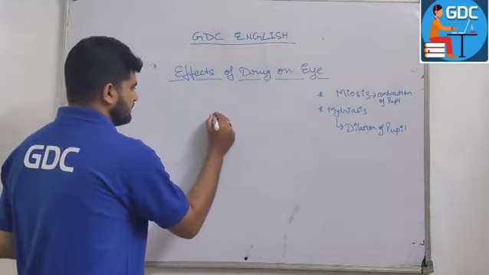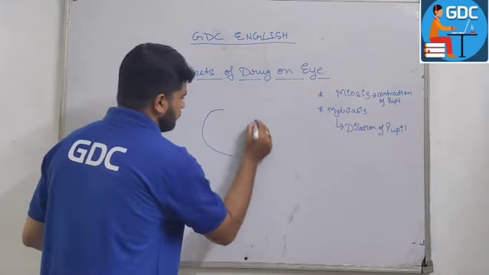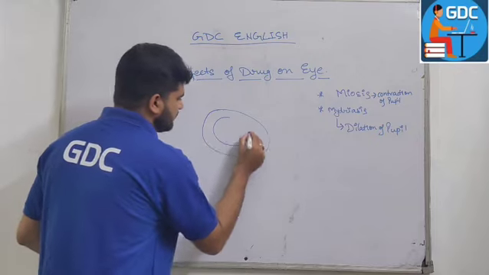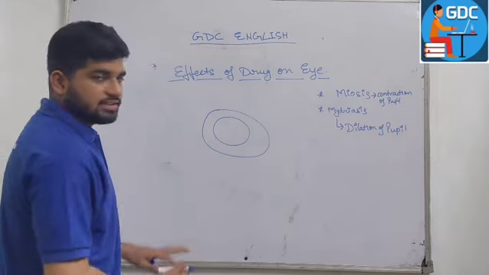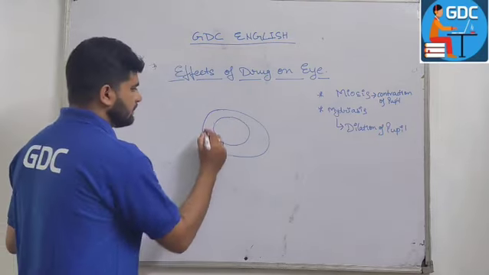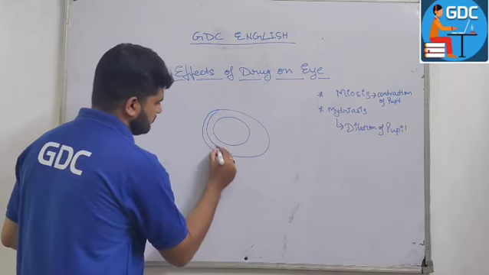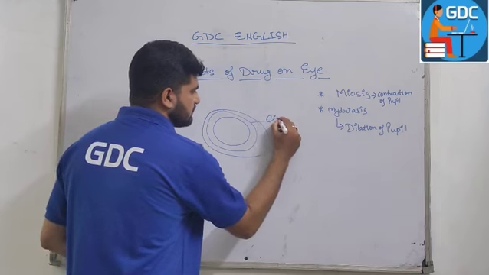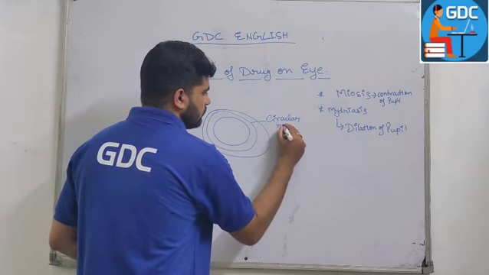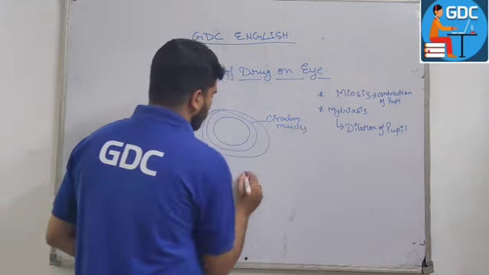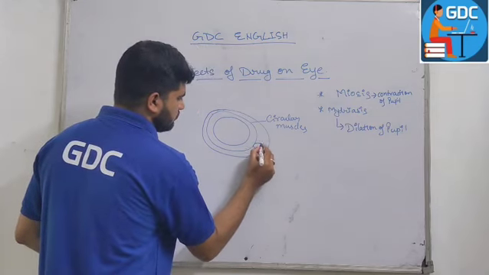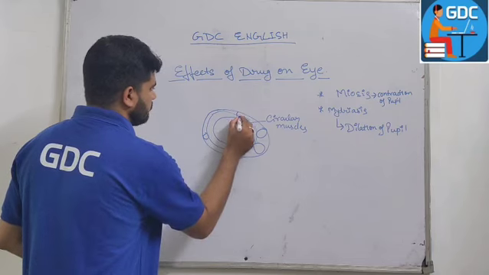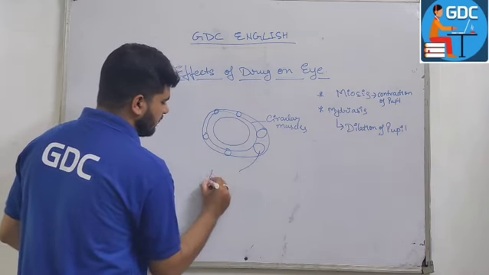So let's understand the structure of the eye, not that bio diagram. Let's understand this one. So this is an eye, whereas these round ones are the circular muscles, and these are the radial muscles.